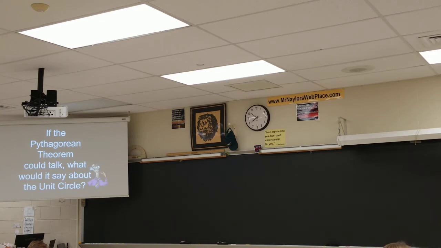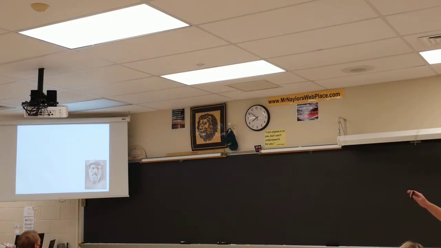Well, cosine of theta squared plus sine of theta squared equals 1 squared. Cosine of theta squared plus sine of theta squared equals 1. It's the Pythagorean theorem of the unit circle. And ladies and gentlemen, it is the Pythagorean identity.